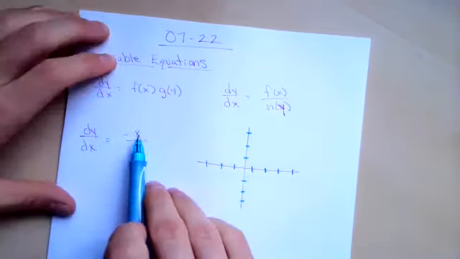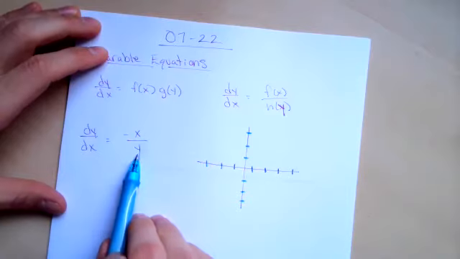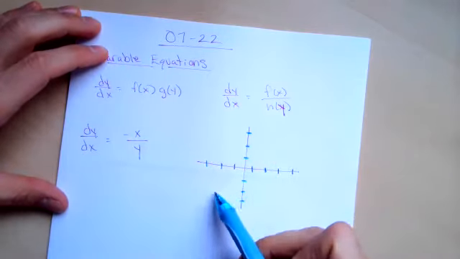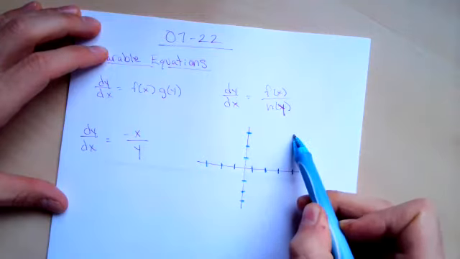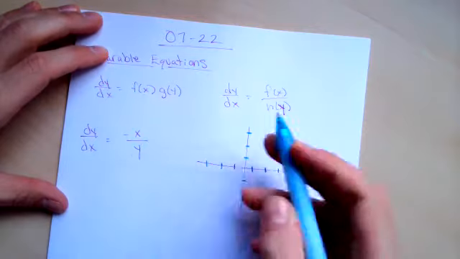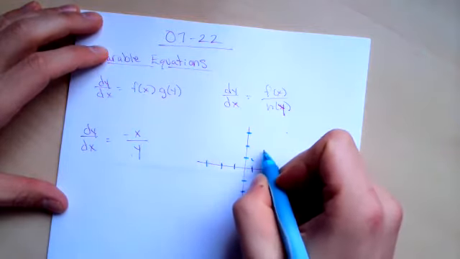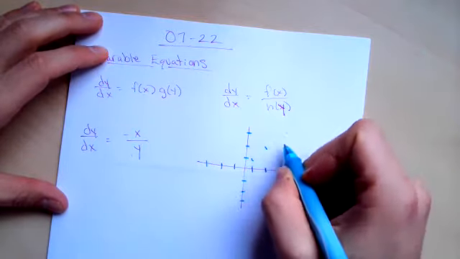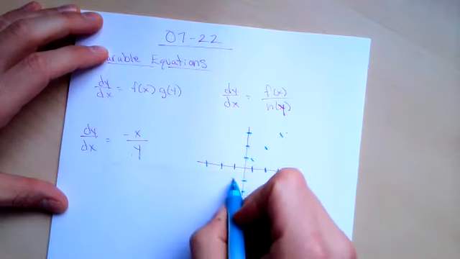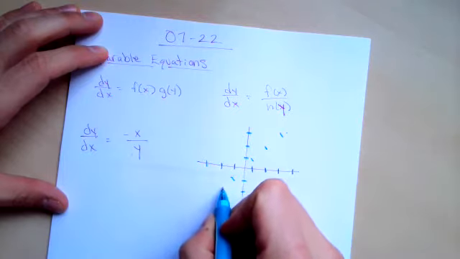And then we mentioned a few other things you can look at, like if x is equal to y, so x equals y is our 45 degree diagonal line. So on that line, 1, 1, 2, 2, 3, 3, we're always going to get negative 1 as our slope. And that even includes the negative numbers.